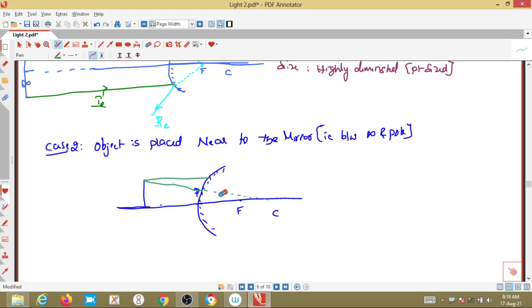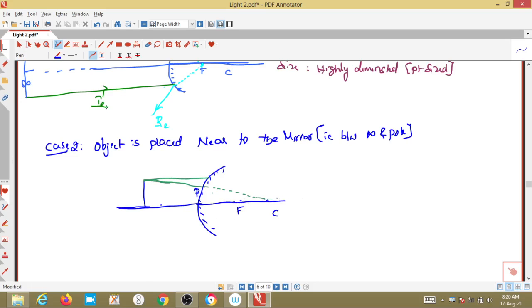When the incident ray is focused to the point C, now how will be the reflecting rays here? This is point C and this is point F, okay.